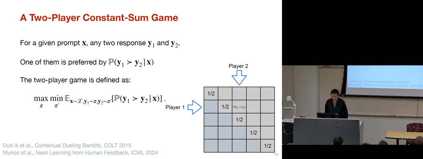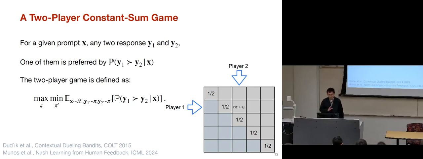Given a prompt X, suppose we have two responses, Y1 and Y2, and suppose one is preferred over the other with probability P. For example, Y1 is preferred over Y2 given X. So this probability P of Y1 preferred over Y2 given X is nothing but the preference between these two responses given the same prompt X. Previously, in the Bradley-Terry model, we needed to make some parametric assumption about this pairwise comparison.